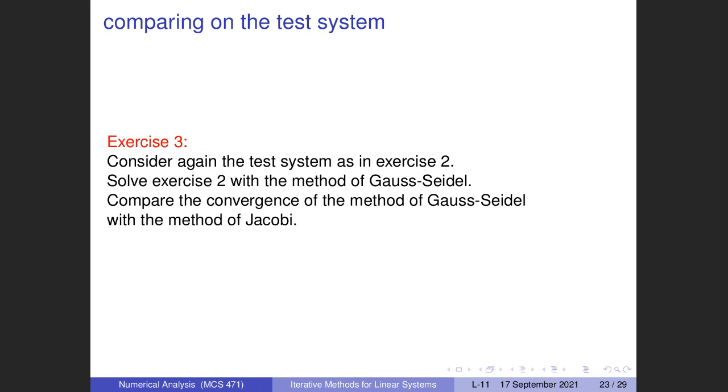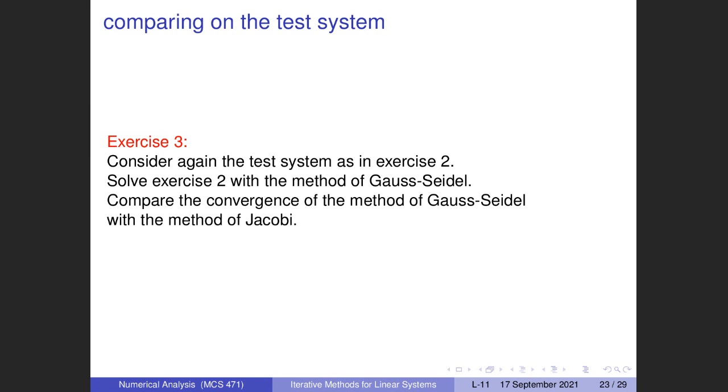All right, now comes again the test system of exercise 2. That system was diagonally dominant, but barely diagonally dominant. We just added 1 to the diagonal.